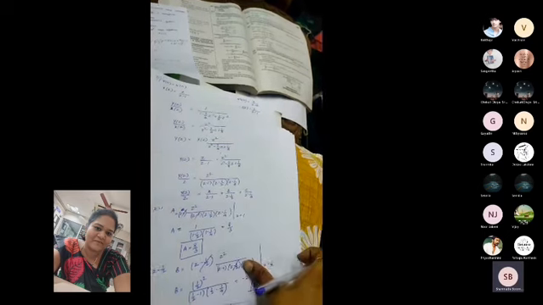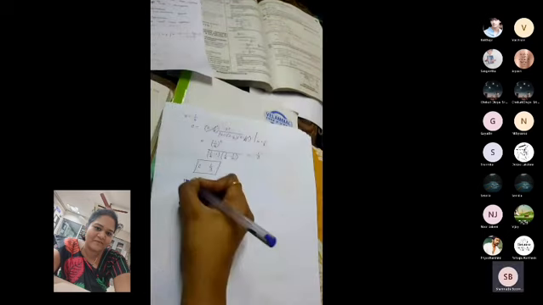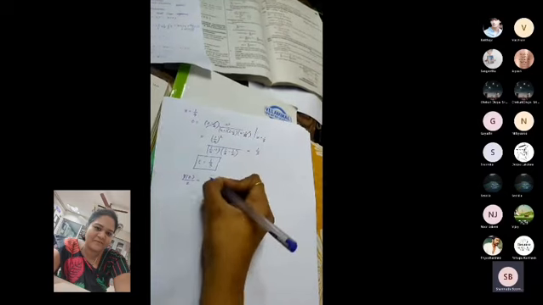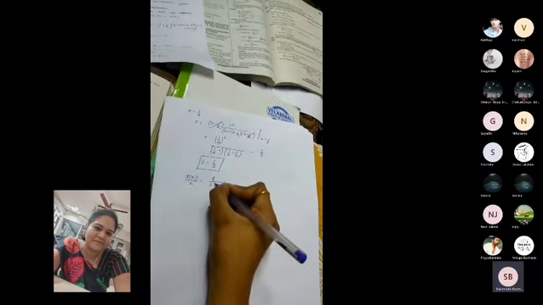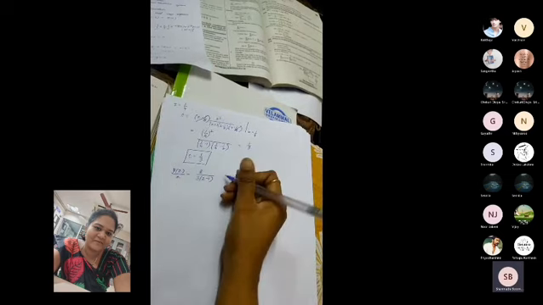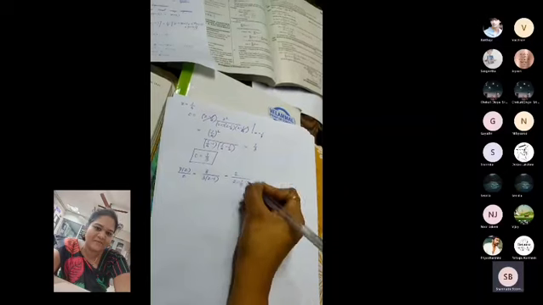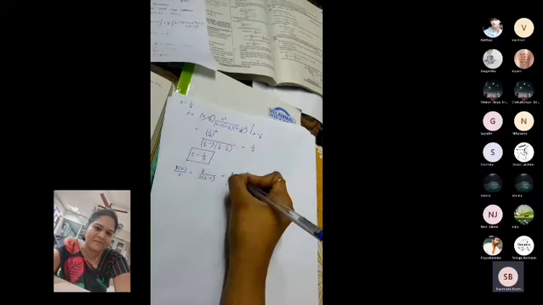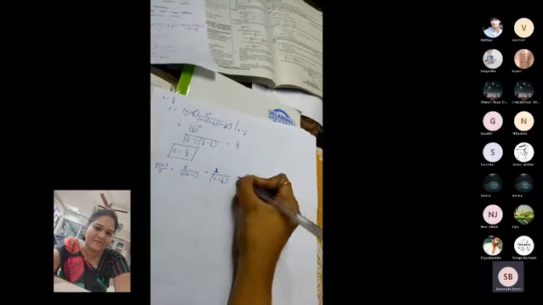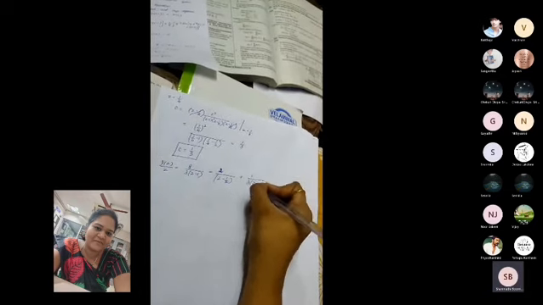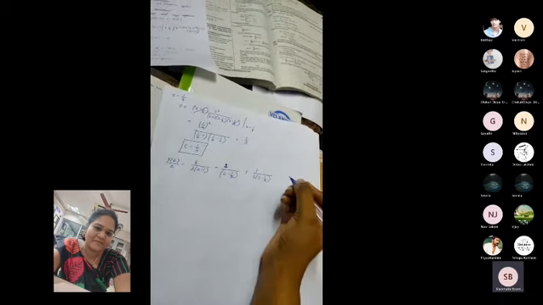So substitute here A value, B value and C value in this expression. What is A value? Y of z divided by z will be equal to 8 divided by 3 into z minus 1, then minus 2 divided by z minus 1 by 2, then plus 1 divided by 3 into z minus 1 by 4.